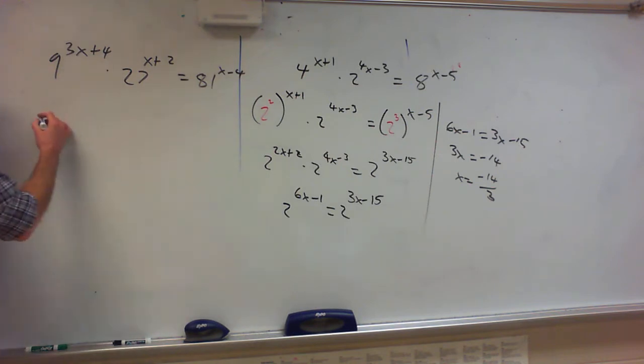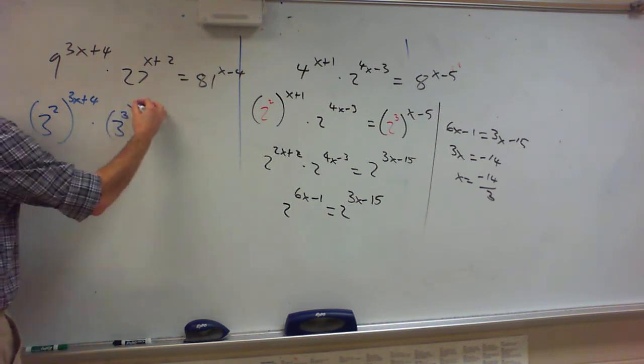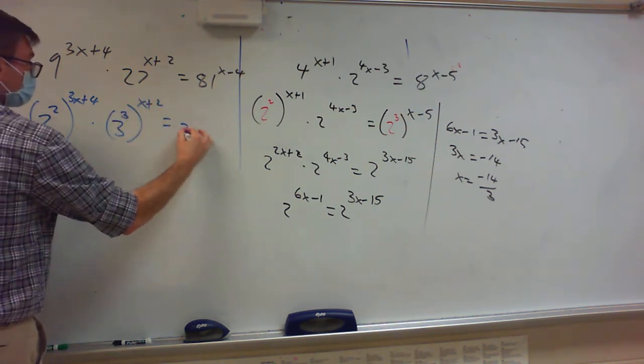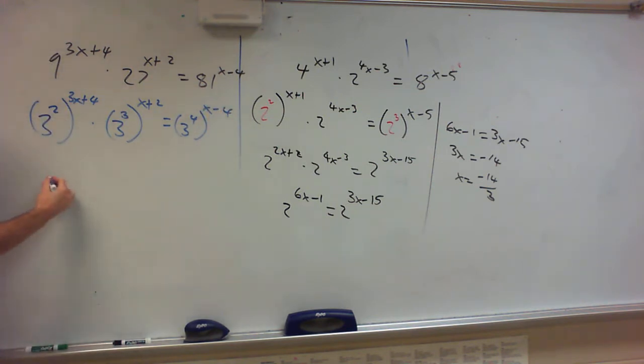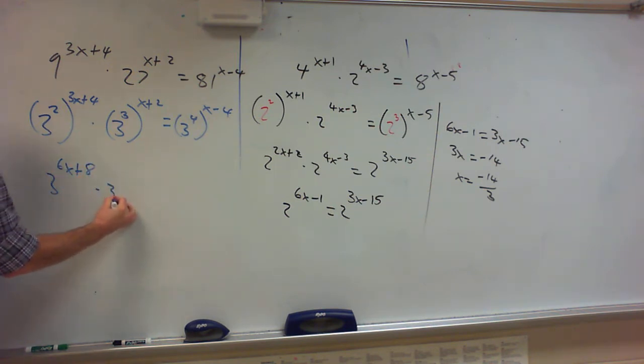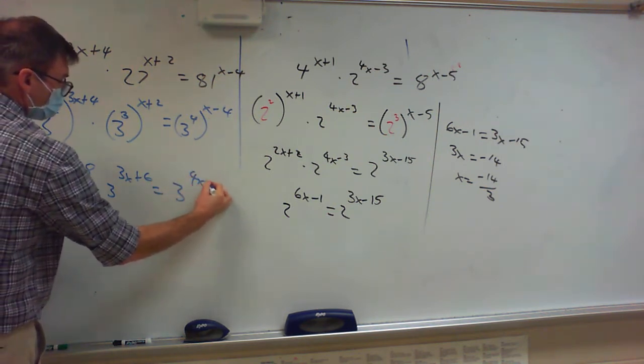Okay, so let's see, that's 3 squared to the 3x plus 4 times 3 cubed to the x plus 2 is equal to 3 to the 4th times x minus 4. So this is going to give me 3 to the 6x plus 8 times 3 to the 3x plus 6 is equal to 3 to the 4x minus 16.